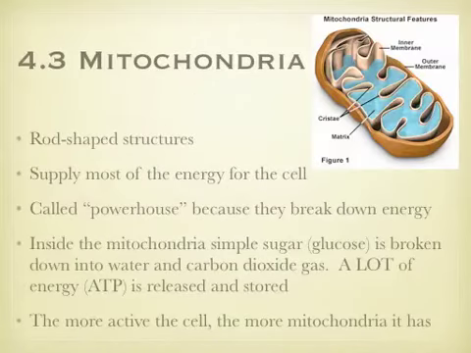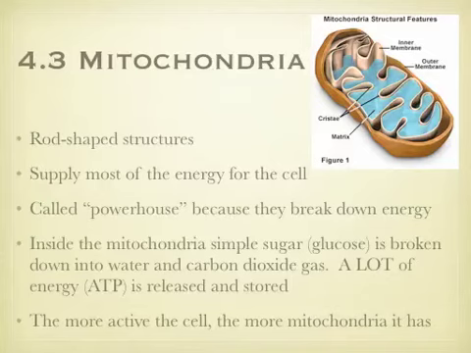The mitochondria is another organelle that helps cells get energy. They're also rod-shaped in structure. They supply most of the energy for the cell. We call them the powerhouse, and we call them that because they help break down energy, so they're powerful. Inside the mitochondria, simple sugar, such as glucose, is broken down into water and carbon dioxide gas.